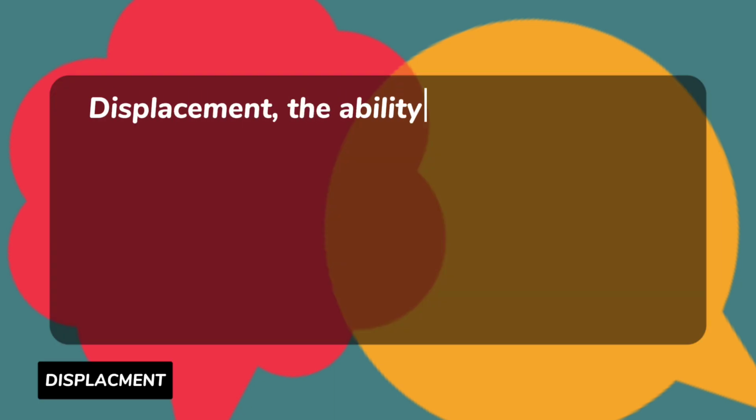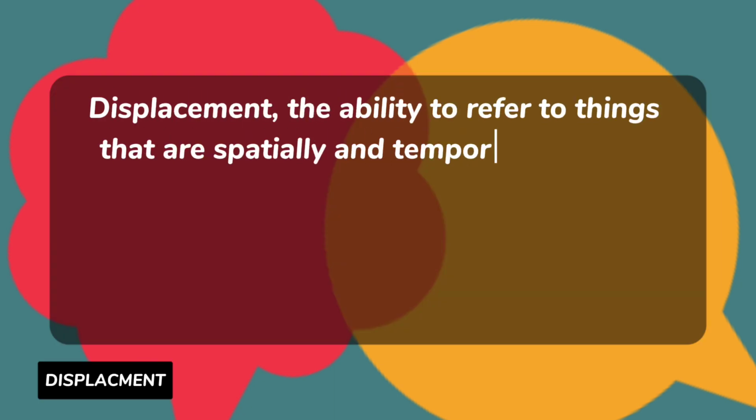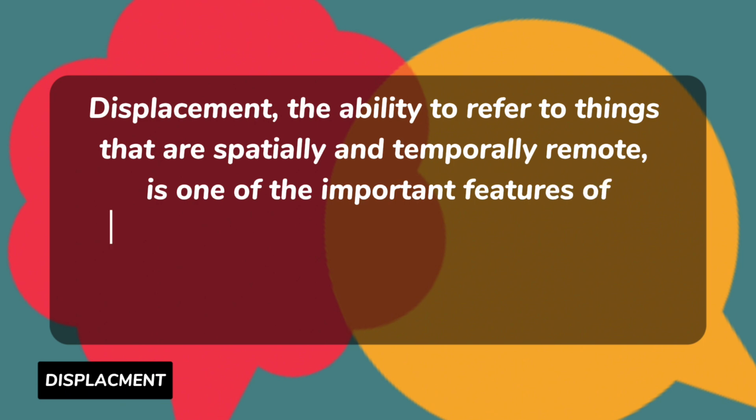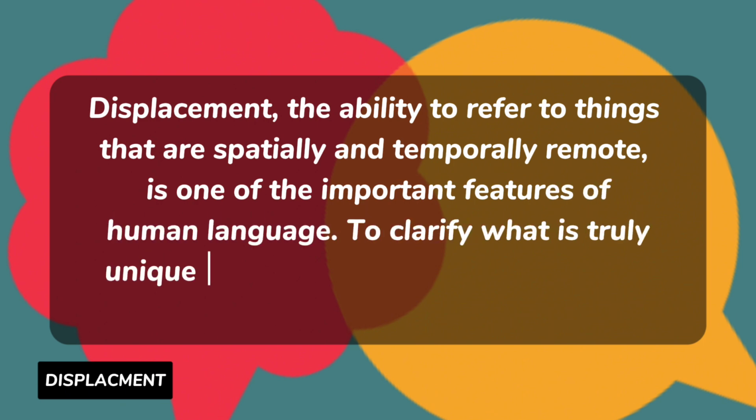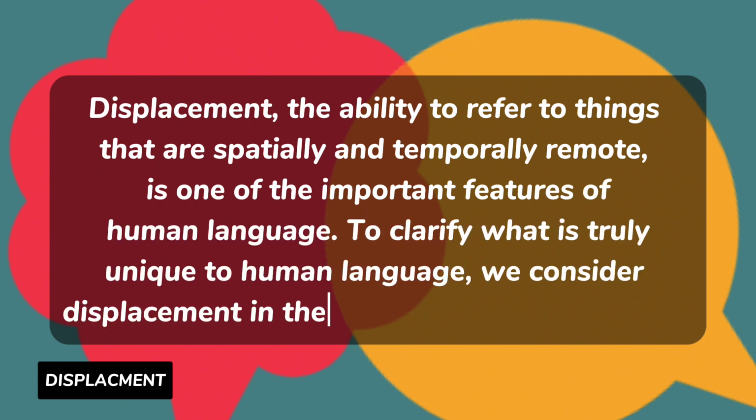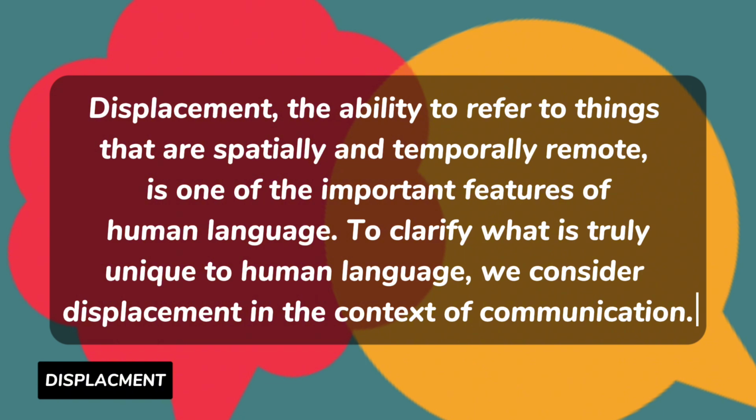So, first of all, in human language properties, what we want to talk about first is displacement. Displacement is the ability to refer to things that are spatially and temporally remote. It is one of the important features of human language.